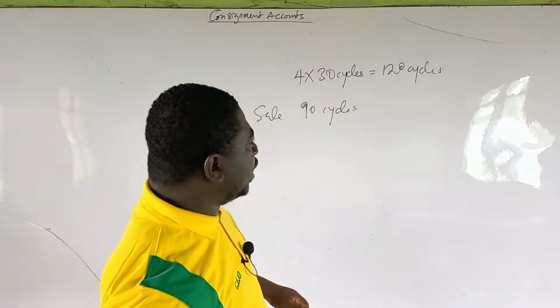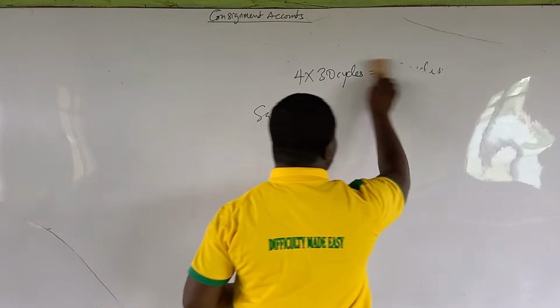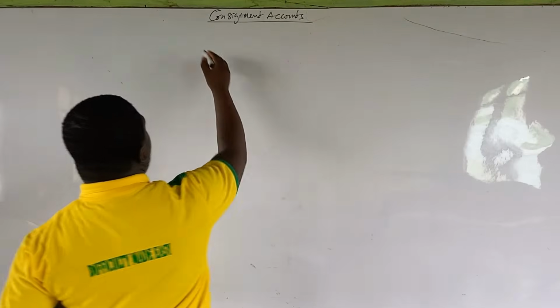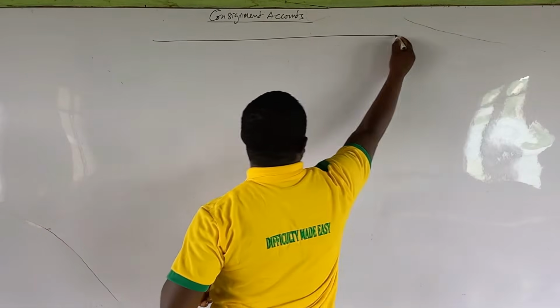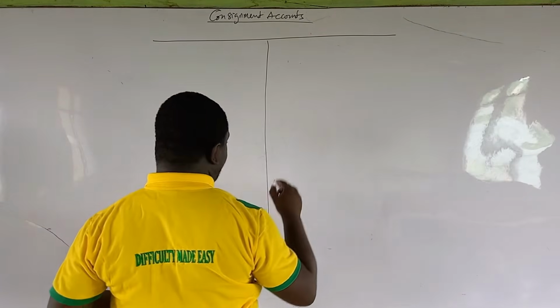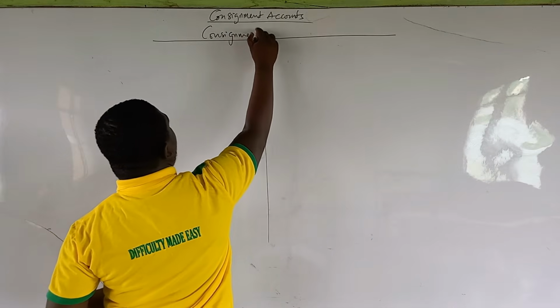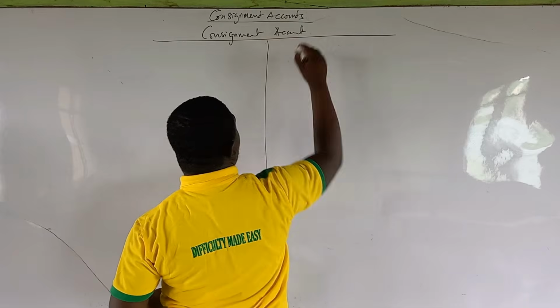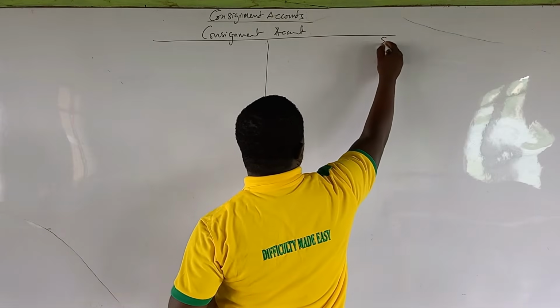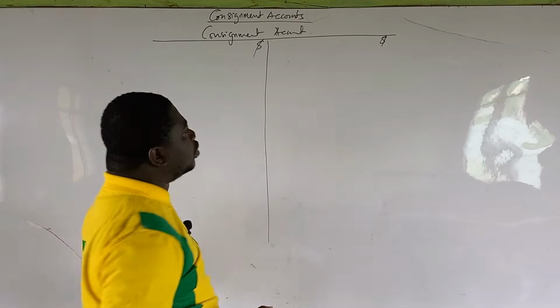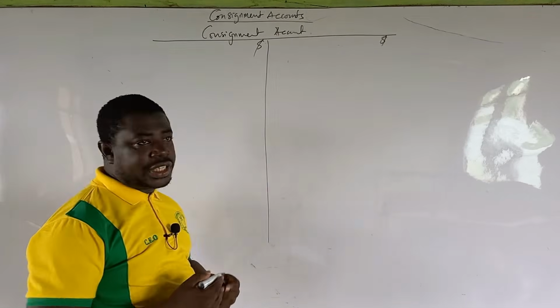Now, before we attempt to solve this question, let me explain this. When I say consignment account, I mean consignment to agent account, or consignment to Nafisa account in this case. You can simply call it consignment account or consignment to Nafisa account.